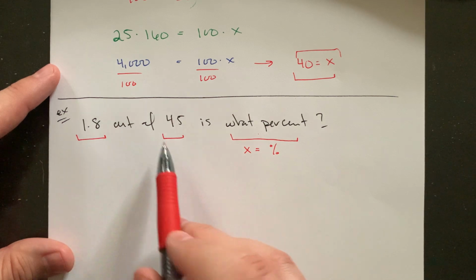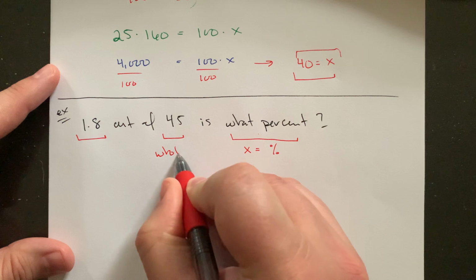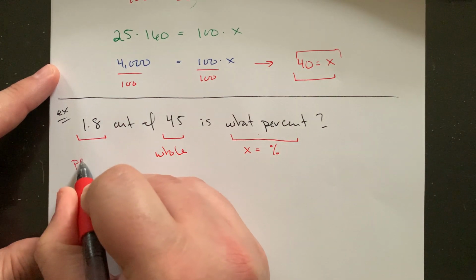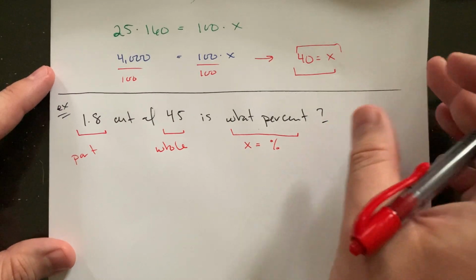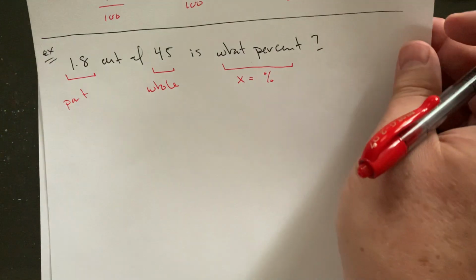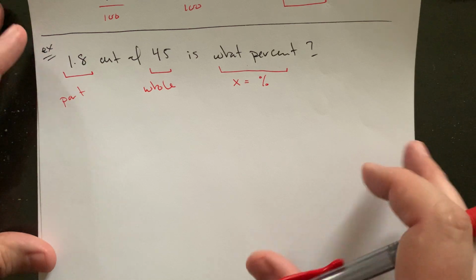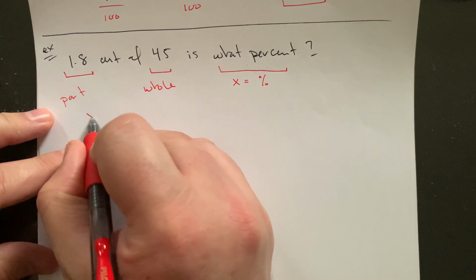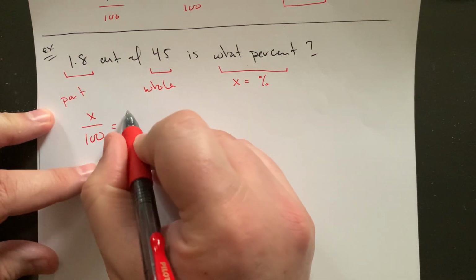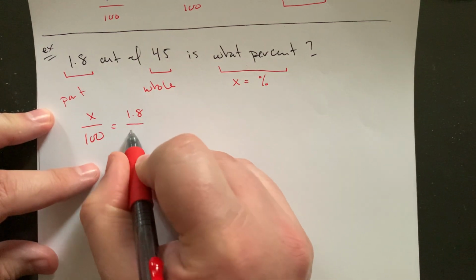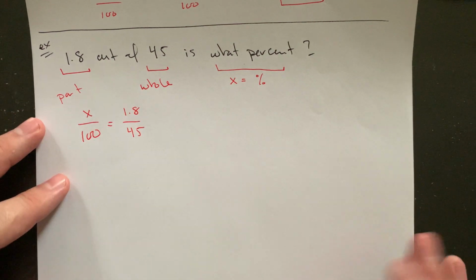This is 1.8 out of 45, so out of 45. That must mean, right, out of the whole, and that the 1.8 is going to be our part. I think also this is a case where the proportion setup is maybe the most intuitive, right? So, x percent out of 100 is going to be equivalent to 1.8 out of 45, right?